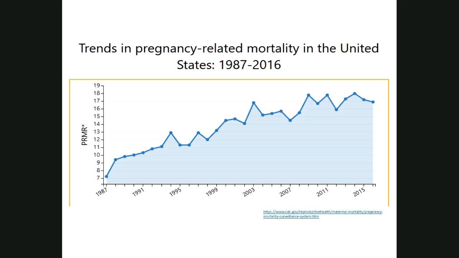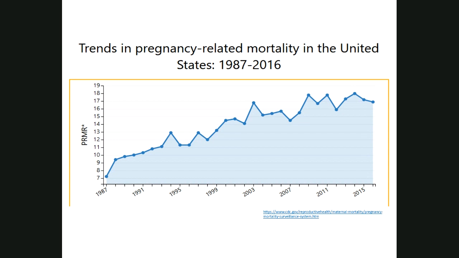This graph shows the trend of this increase in pregnancy-related mortality in the United States. In 1987, 7.2 deaths per 100,000 births. Now, up to 2016, there were 18.8 deaths per 100,000 births.